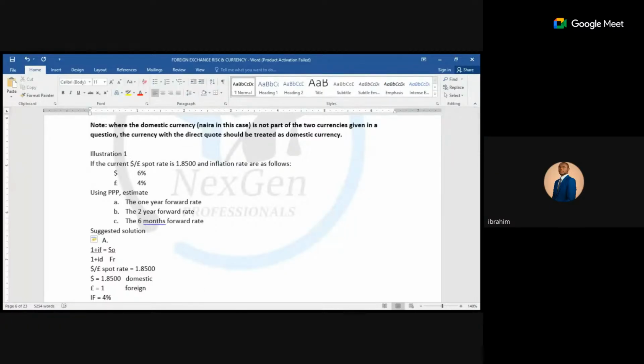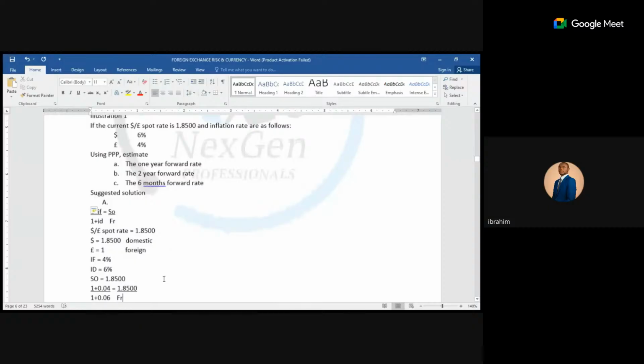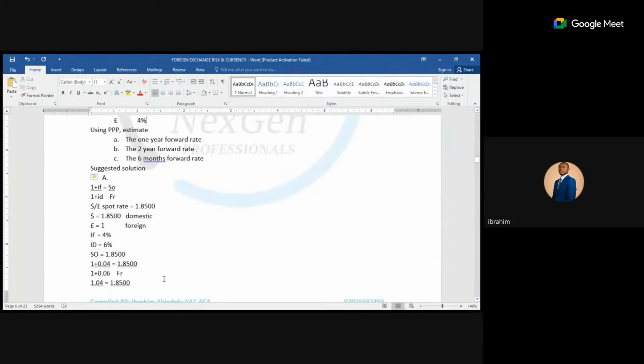So therefore, the dollar is the domestic currency, while euro is the foreign currency, because the dollar is very, very weak. So therefore, we use this to determine the forward rate for 1 year.